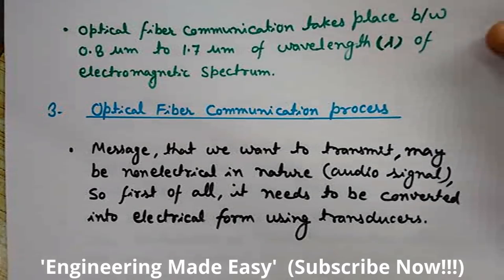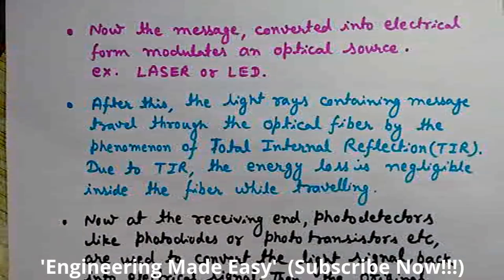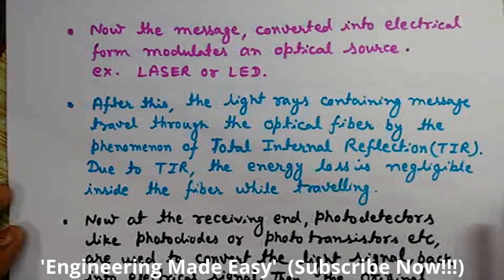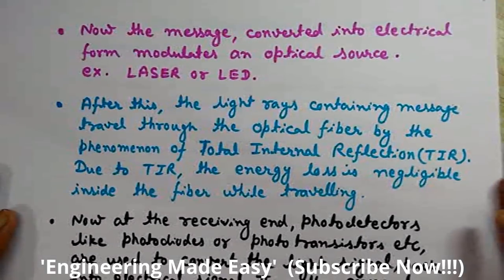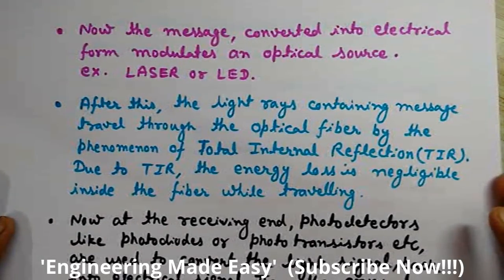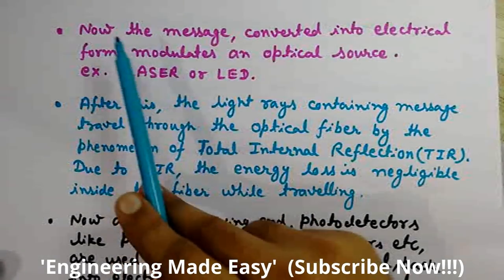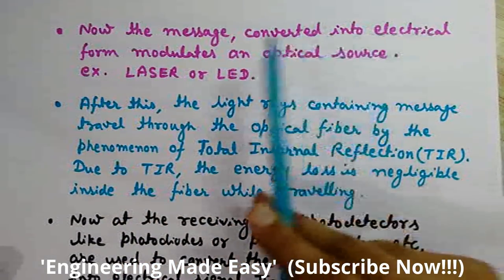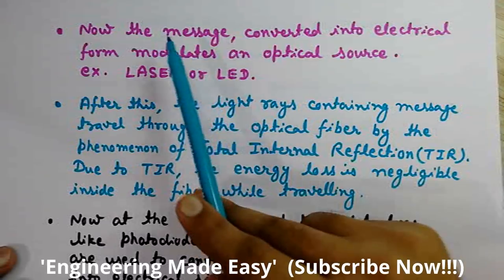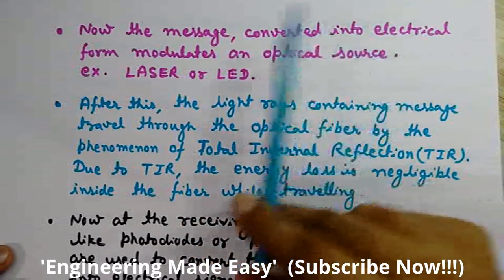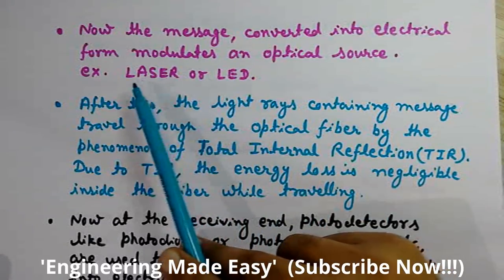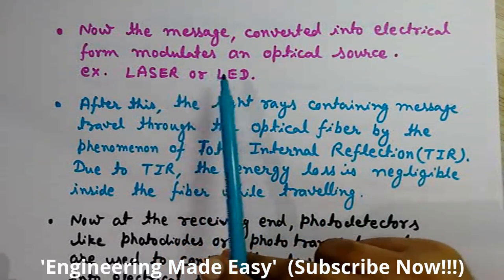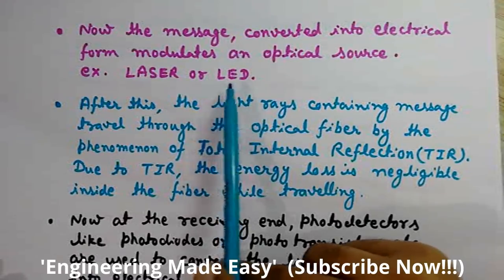So we need to first convert this non-electrical signal into an electrical signal. When it has been converted using transducers, the message is in electrical form. Now the message which is converted into electrical form modulates an optical source. Optical source means we can take lasers or LEDs, light emitting diodes.